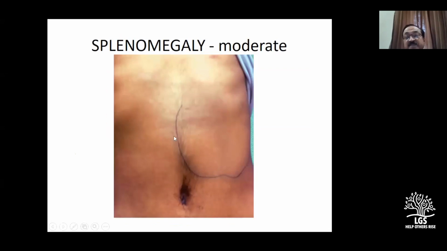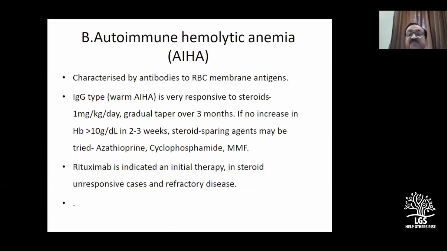See that spleen? You are going to describe the spleen, all that easy, smooth, moves with respiration, non-tender. Patient has got anemia and jaundice. Liver is usually not palpable, no other features. So you say the diagnosis is probably hereditary spherocytosis or hemolytic disorder.